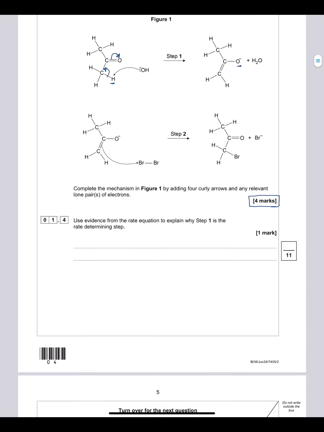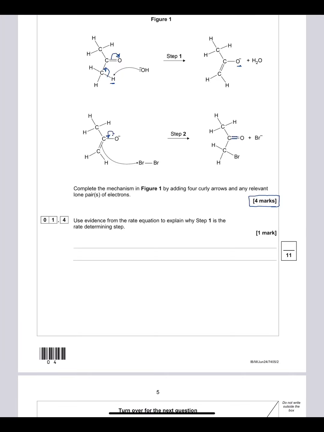In step 2, you're going to find that the bromine is going to be attacked by the double bond between the 2 carbons. Now let's have a look at the final product. In the final product, bromine has been introduced, and again we regained the double bond between the carbon and oxygen. To regain the double bond, first you will need to have a lone pair of electrons here on the oxygen, and then it has to move to give you the double bond between the oxygen and the carbon.